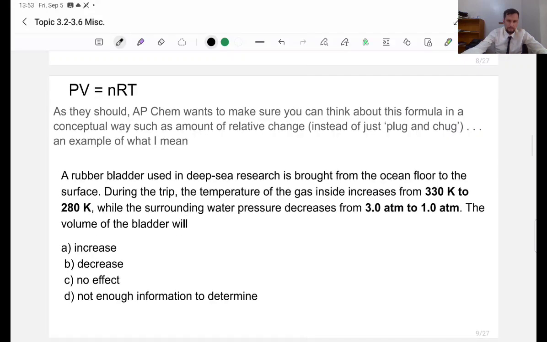3.4, looking at PV=nRT. So AP Chem, justifiably, wants to make sure you can think about this formula in a conceptual way, such as amount of relative change, instead of just plug and chug. Here is an example of what I mean.